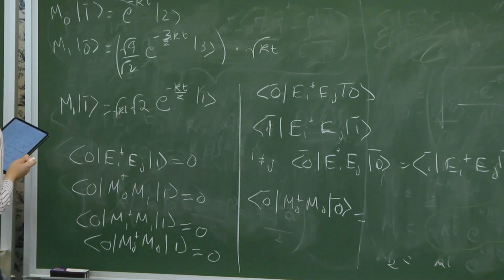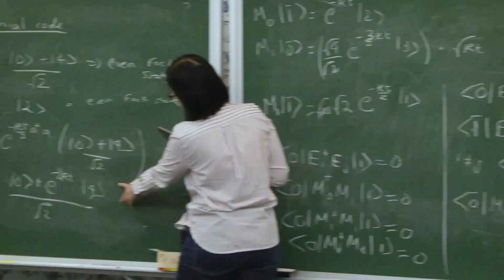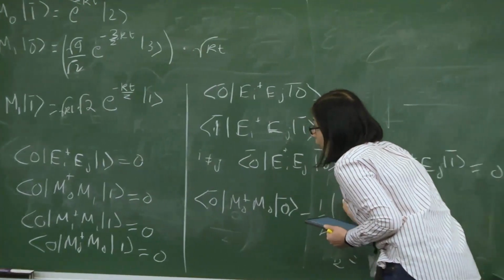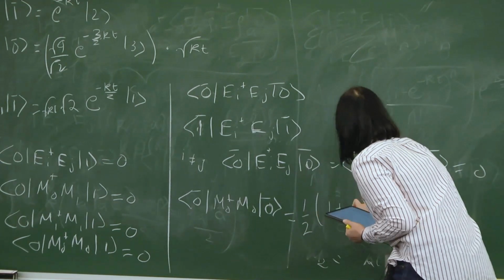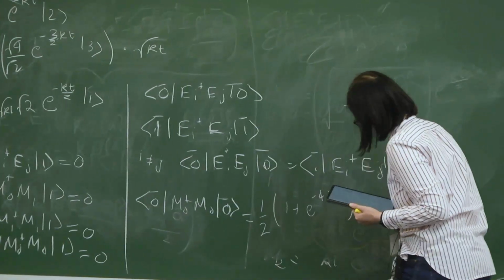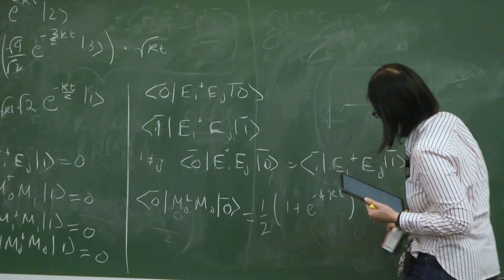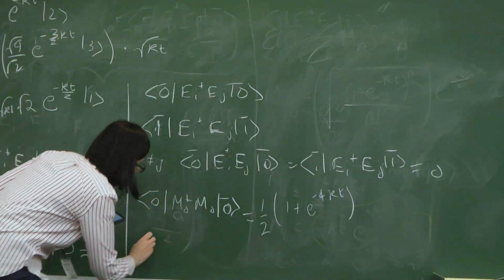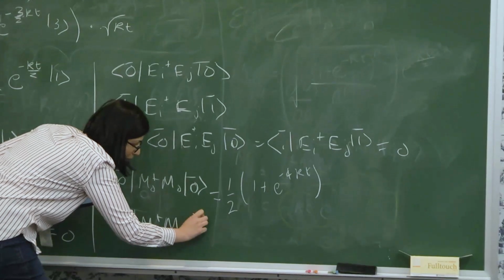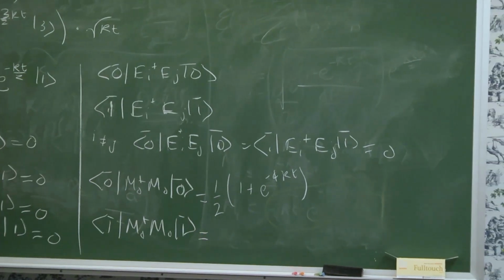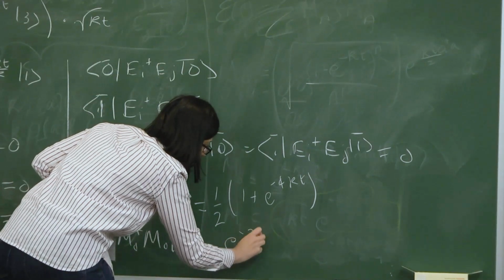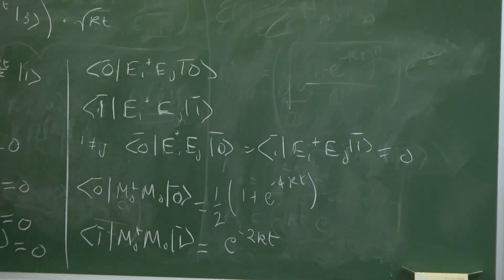You have this guy inner product with itself, and so I'll have 1 over 2, 1 plus e to the minus 4 kappa t. And if I have 1 bar, M0 dagger, M0, 1 bar, this is equal to e to the minus 2 kappa t.